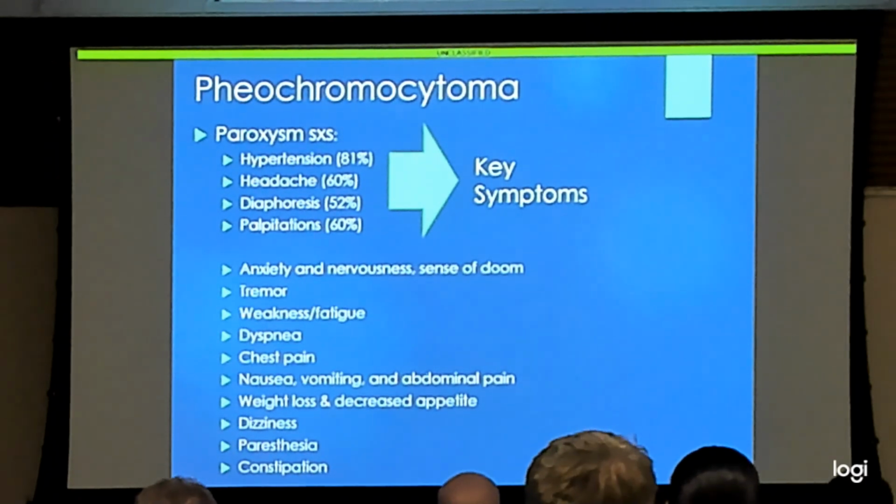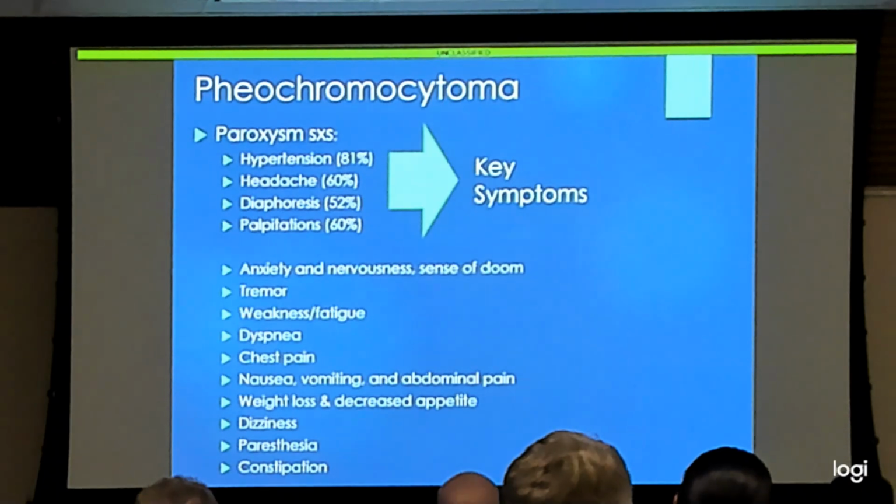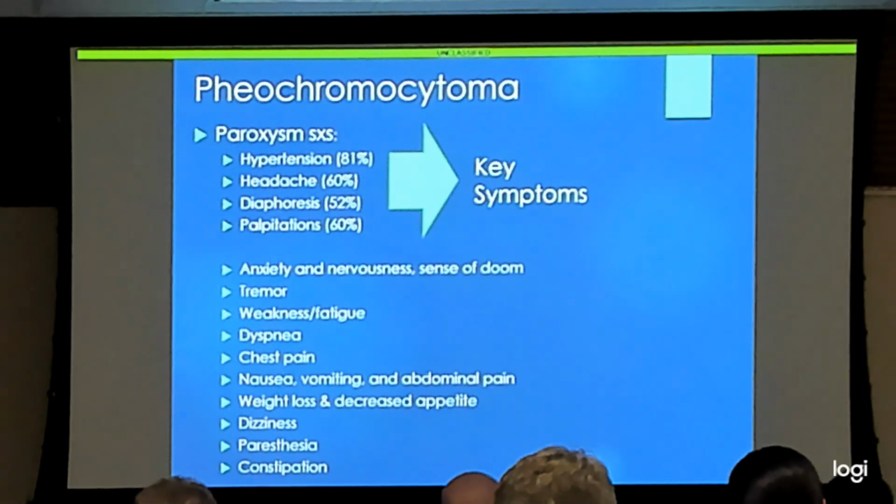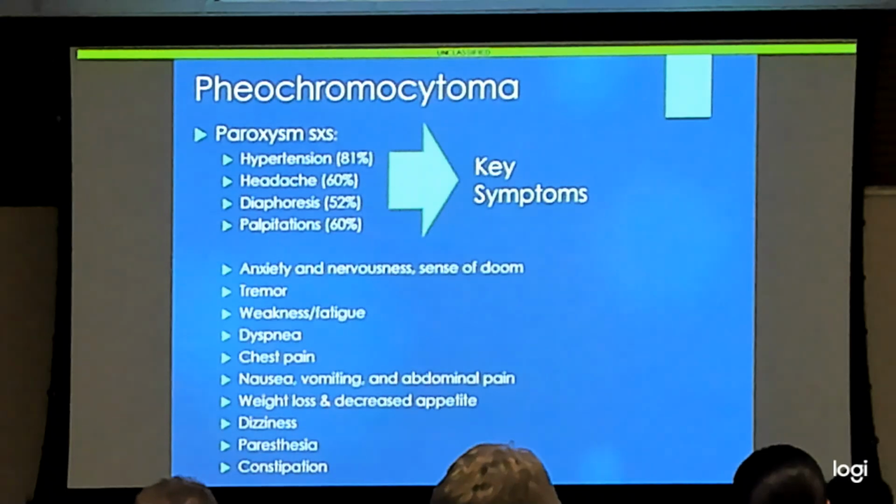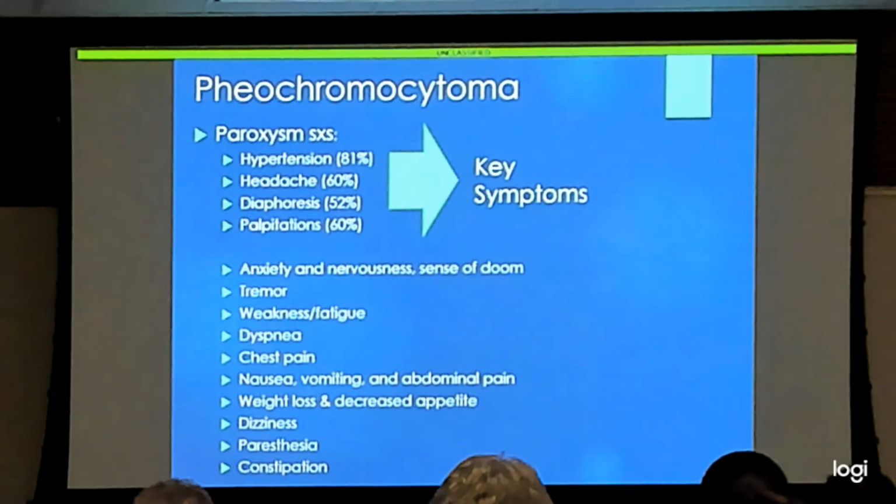Depression is very, very common in this day and age. So it's written off a lot. But again, if they have some of these upper symptoms, and then they also have this anxiety, nervousness, sense of doom, listen to your patient. Do it.